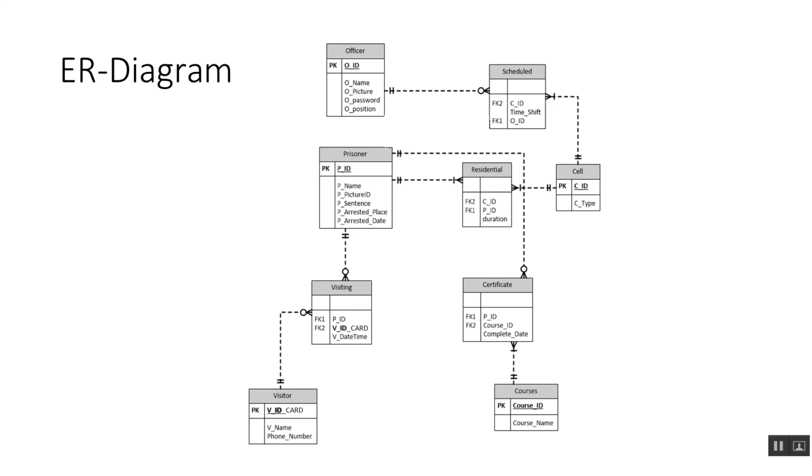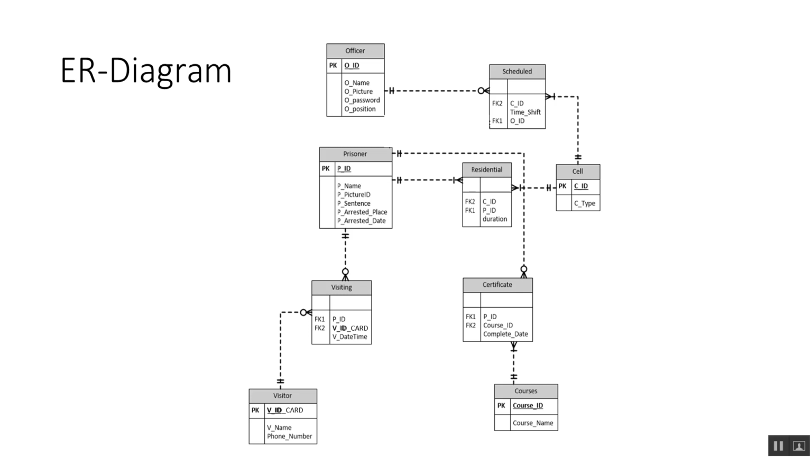Cells has a CID as a primary key and has a cell type. We divided many cell types in the prison. Officer table has an OID as a primary key, and the officer has a name, picture, password, and position. Officer needs to be in charge of or take care of many cells and is assigned by the supervisor.